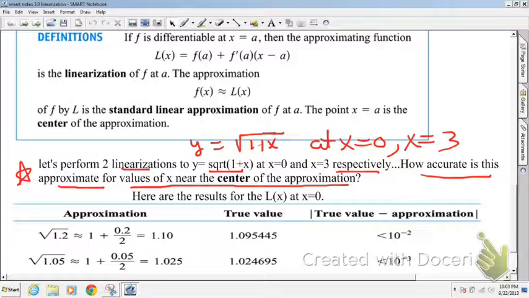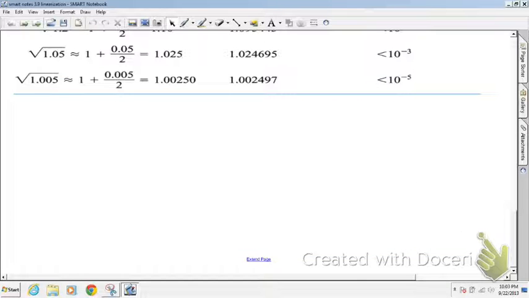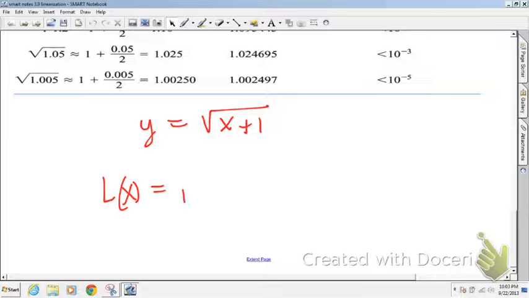So here's the results for L of x at x equals 0. But let's first actually crank this lovely thing by hand. When you perform a linearization, you just want to start by reciting the formula. So you have your original function, and L of x is equal to f of a plus f prime of a times x minus a.